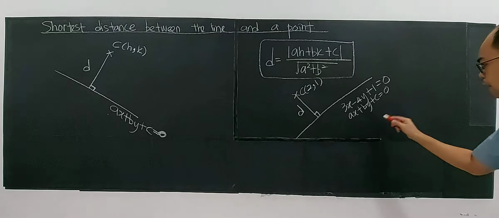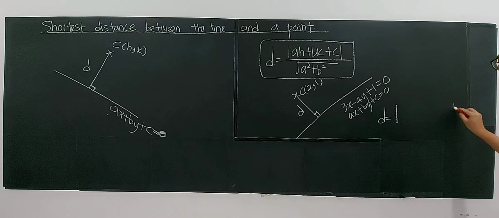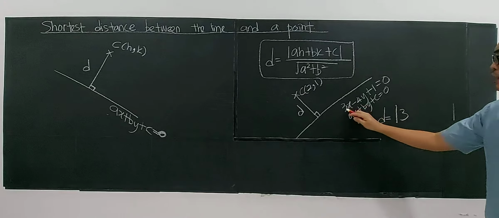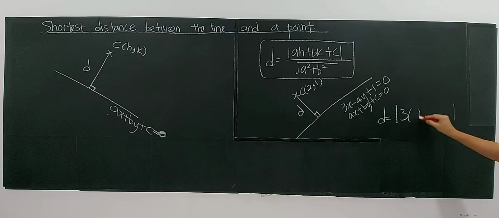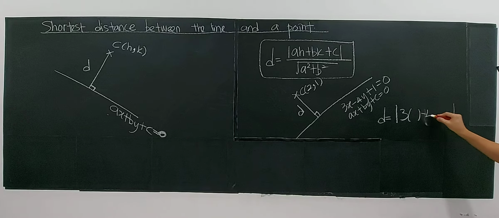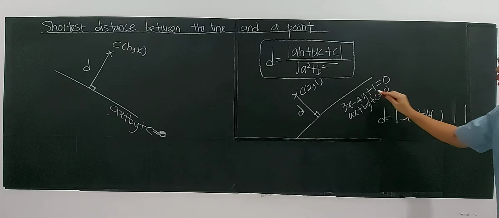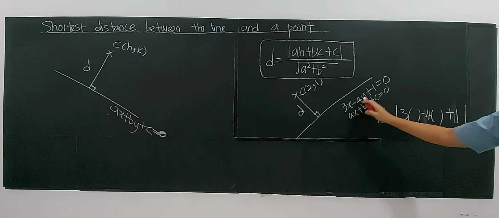Now you see how I'm applying the formula. It's very simple: just copy everything here, ax plus by plus c. Your b is negative 4y, follow with plus 1, and leave the values of x and y blank.